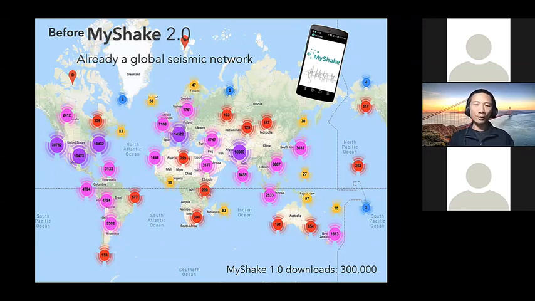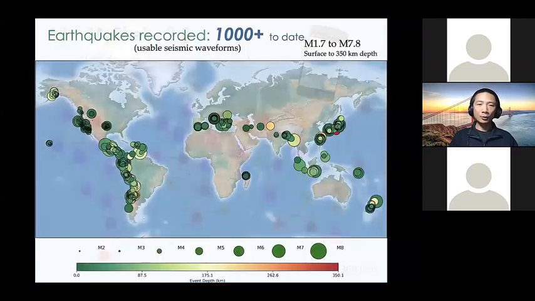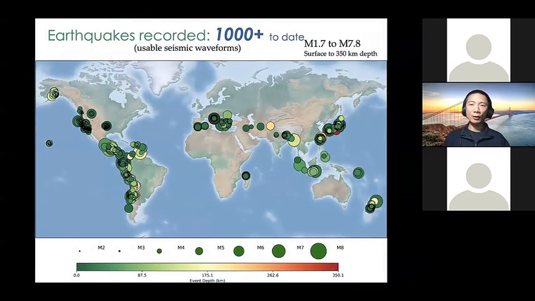These users download MyShake all over the world to help us collect data, detect earthquakes, and contribute to this community. We recorded more than 1,000 earthquakes from magnitude 1.7 to magnitude 7.8.